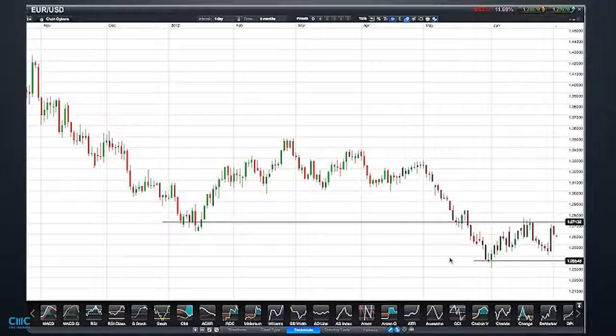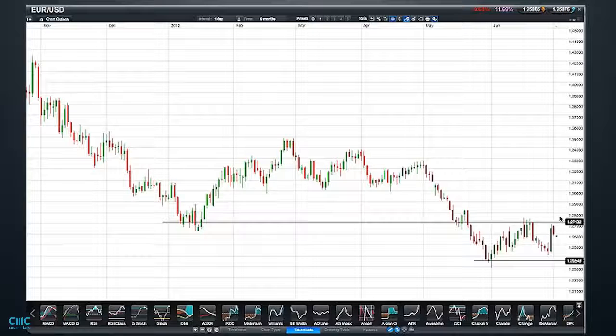But leaving aside that argument for the point of illustrating as an example, let's say a trader wanted to go short euro US dollar at current levels, that is around 125.90. They could sell at current market and place the stop loss order just above the resistance level there at 127.13.